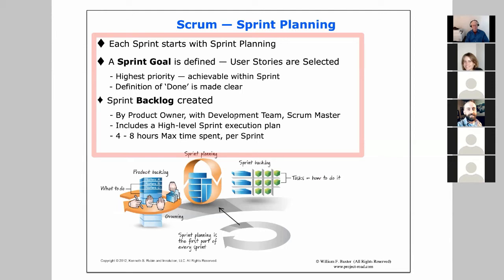There'll also be input from the development team, because they're going to be in a better position to understand how difficult these user stories are and how many of them they can realistically complete during the sprint. And then the Scrum Master will be involved to make sure that the dynamics of the conversation are flowing appropriately.